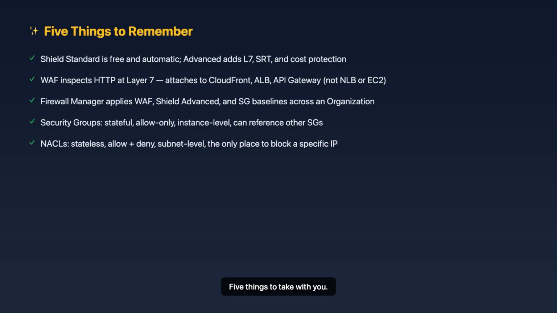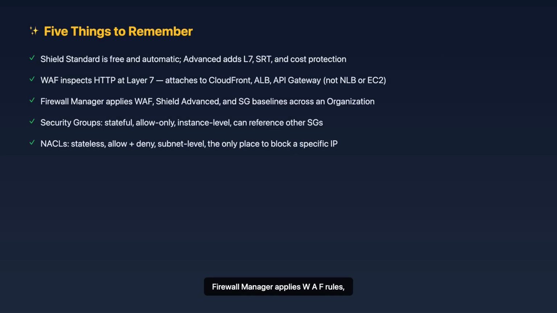5 things to take with you. Shield Standard is free and automatic for every account. Advanced adds Layer 7 protection, the Shield Response Team, and cost protection. WAF inspects HTTP at Layer 7 and attaches to CloudFront, ALB, and API Gateway, not to NLB or directly to EC2.